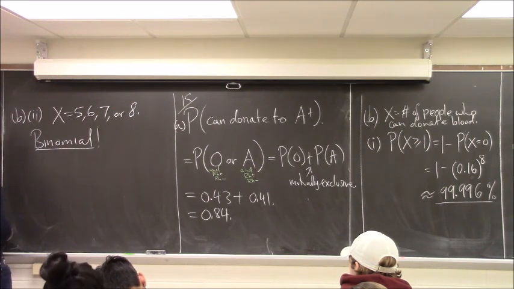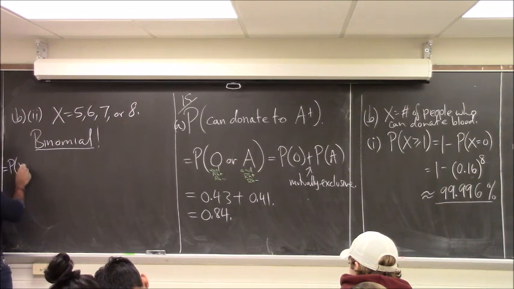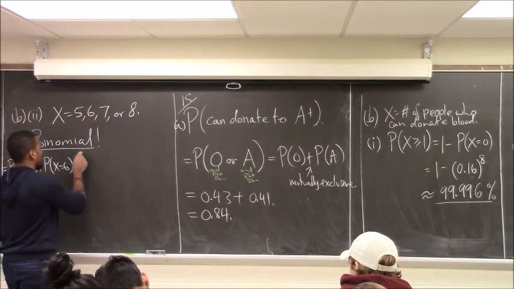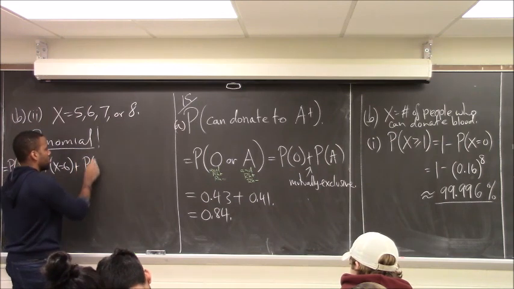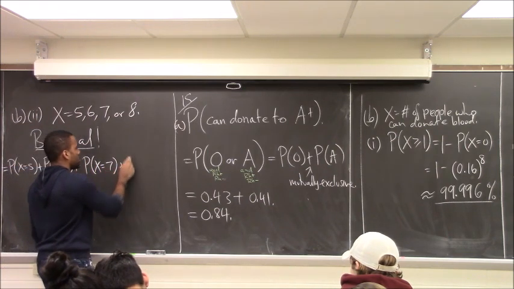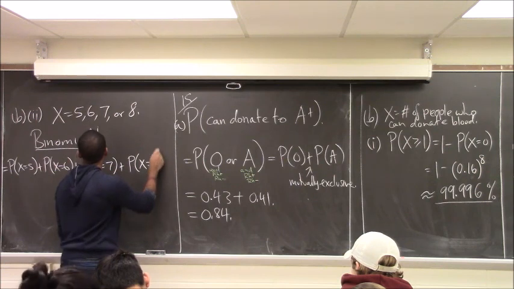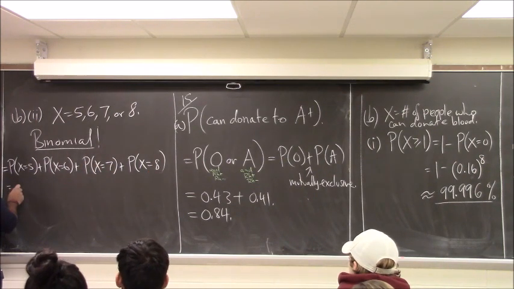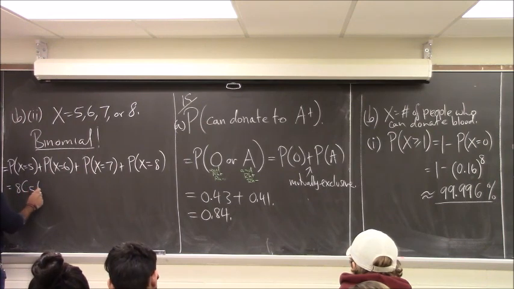And so here, pretty much we want the probability of X equals 5, or X equals 6, or X equals 7, or X equals 8. And each of these are the combination formulas. So it's 8 choose the 5 who can donate.